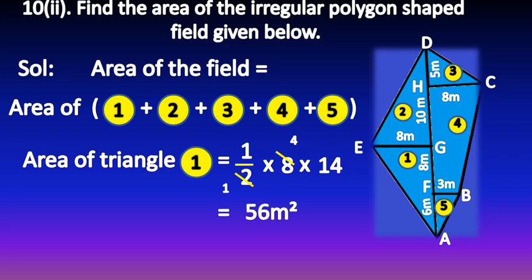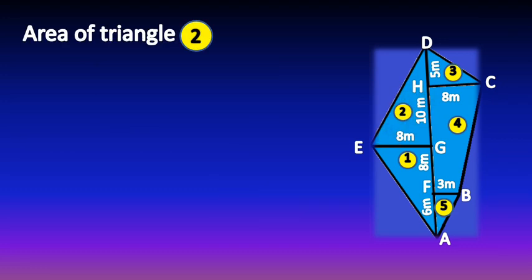Now let us find the area of this figure 2. The area of the triangle, that is figure 2, we know the formula: half into base into height. You can see the base is 8 meters and the height of this triangle is, here it is given 10 meters, from here to here the measurement is 10 meters, and from this point to this point it is 5 meters.